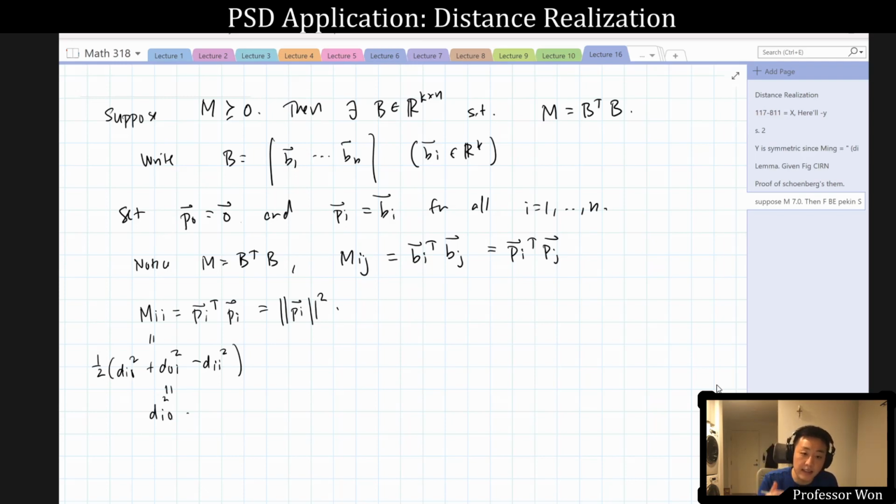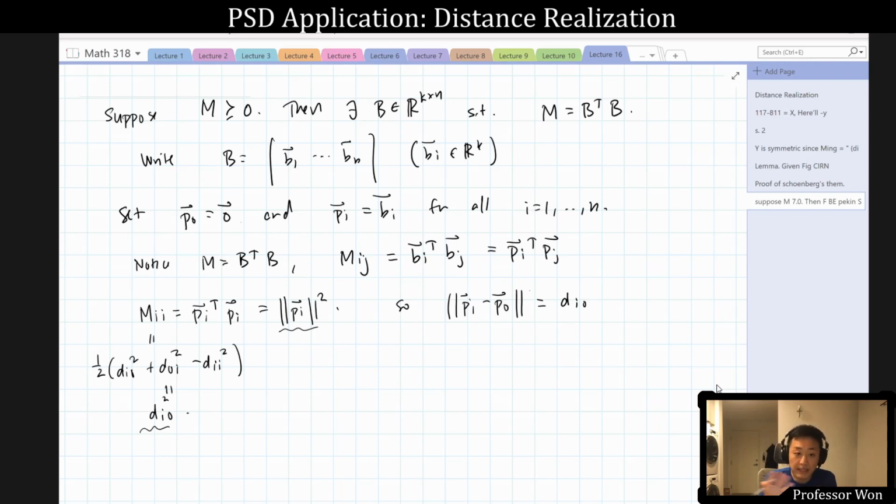It says that if we take these p_i's to be the columns of the matrix B, then their lengths are all the correct lengths such that their distance to p_0 is equal to d_i0. In other words, if you choose the columns of B for your points 1 through n, and you choose the 0th point to be the 0 vector, then the lengths are all correct to p_0.